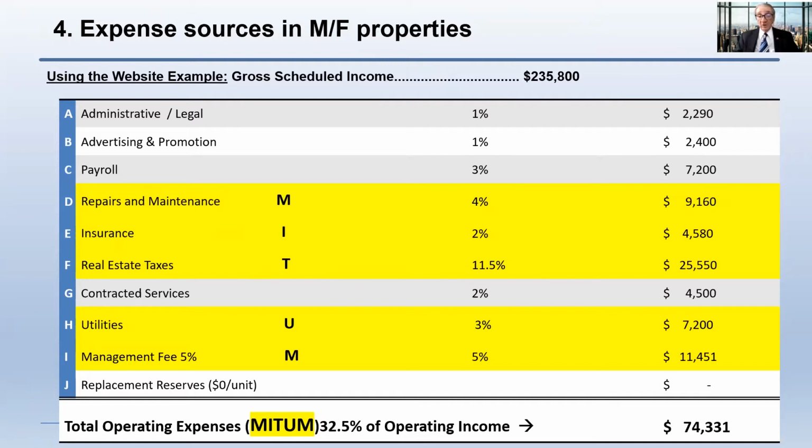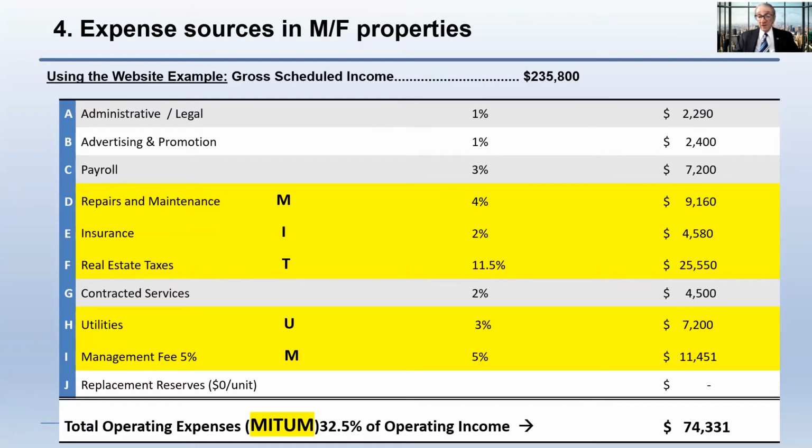However, what we are looking for basically is the presence of five key components. These five key components are maintenance, insurance, property taxes, utilities, and management.